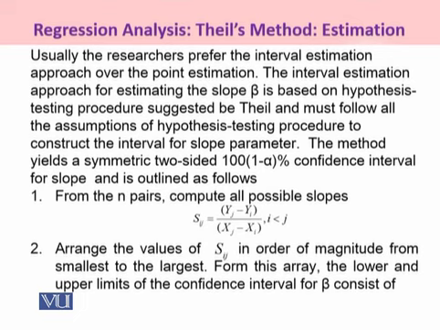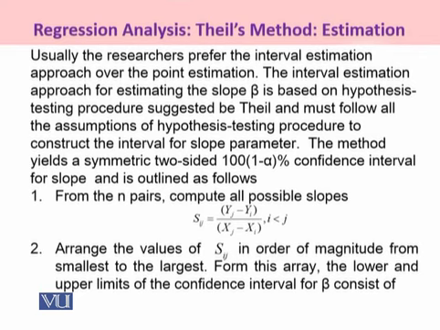Under point estimation we calculate a single value, a single point that is assigned to the parameter, whereas under interval estimation we construct an interval of values and we assume that the unknown value of the parameter is expected to lie within that interval with a certain degree of confidence.